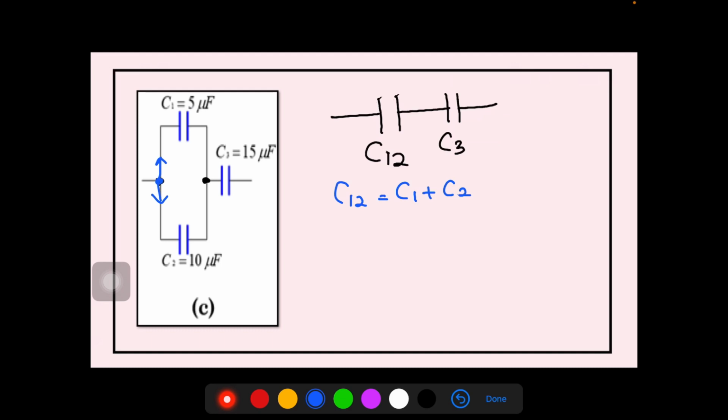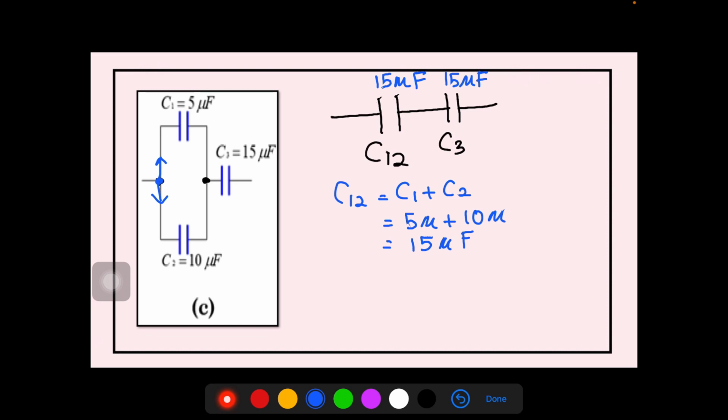C1 is 5 microfarad, C2 is 10 microfarad. Substitute the values, 5 micro plus 10 micro, equivalent to 15 microfarad. So you can write here 15 microfarad, and C3 is also 15 microfarad.